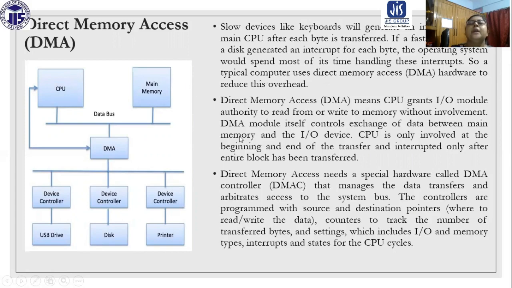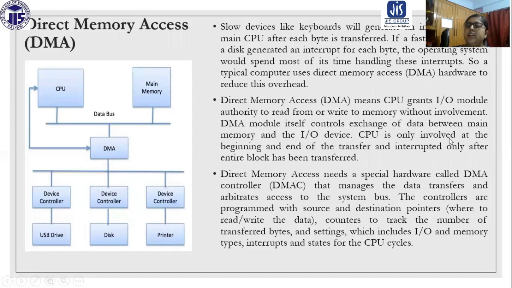What is it? Direct memory access means the CPU grants the IO module authority to read from or write to memory without involvement. The DMA module itself controls the exchange of data between main memory and the IO device.